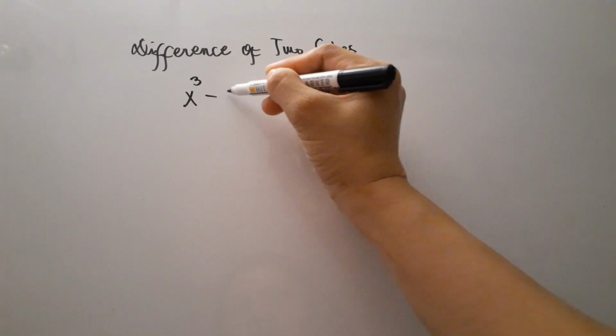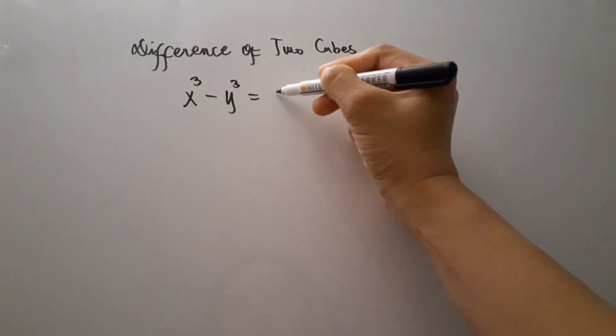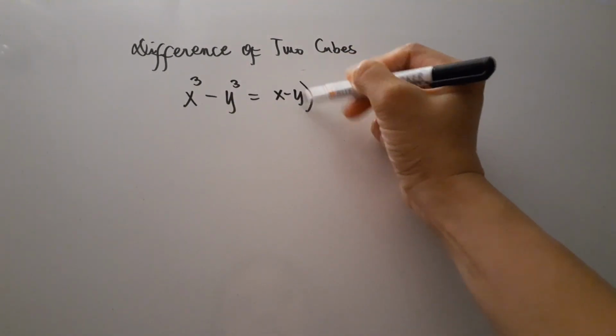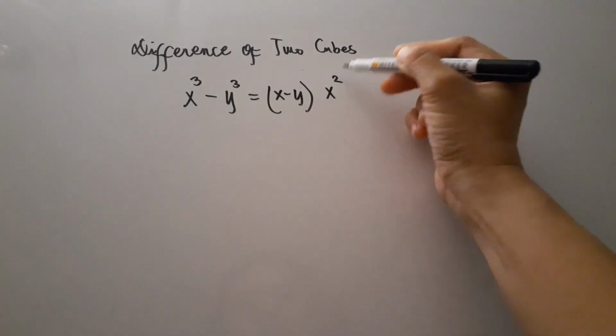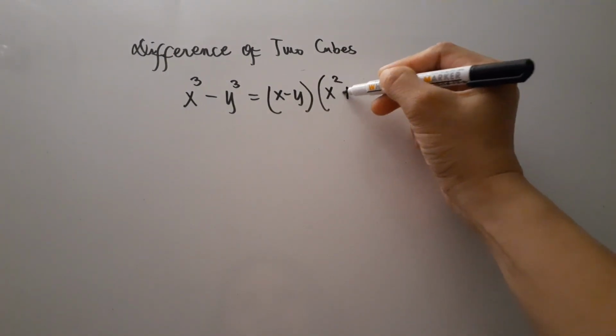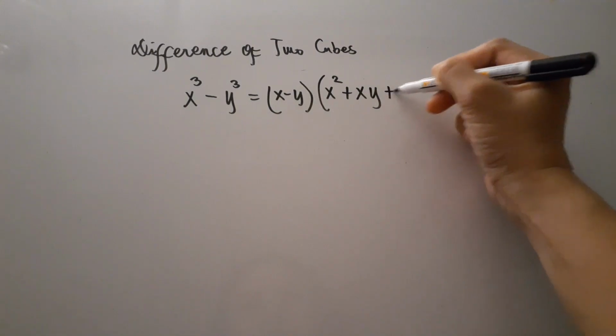Then let's have another formula. We have the difference of two cubes. The product of the same three factors is called a cube. Then the cube root of a cube is one of the three equal factors.